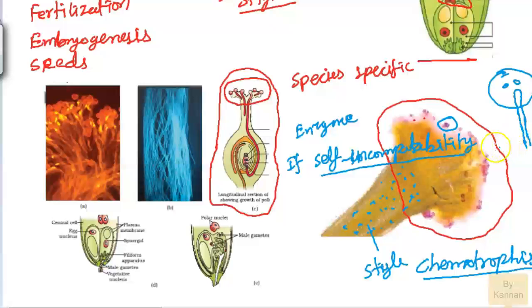That kind of movement happens inside the style after the pollen and stigma interactions. This is how the tube cell grows inside the style until it reaches the embryo sac. Is that clear, guys?